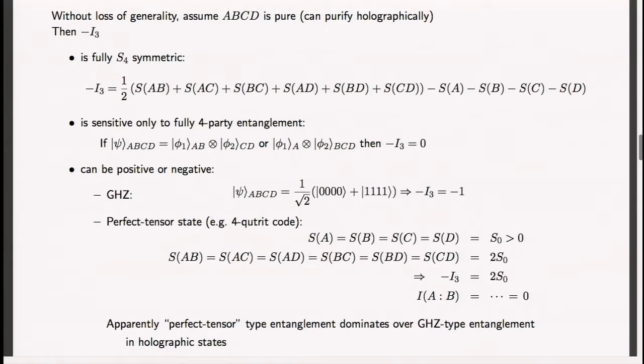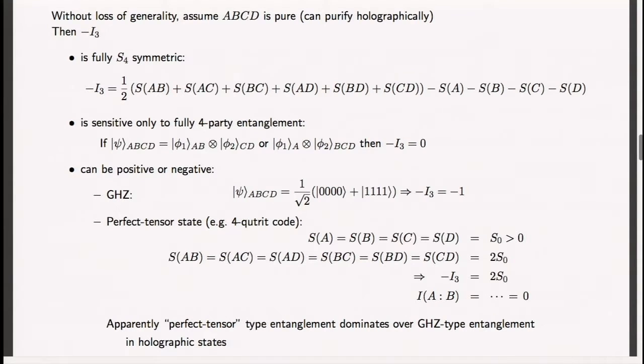I'm just dividing it into two categories, either GHZ or perfect tensor, because one has positive and the other has negative value. So to the extent that you take these as examples of four-party entanglement structures, it must be the case that the perfect tensor type entanglement dominates over the GHZ, because the total is positive in holographic states.